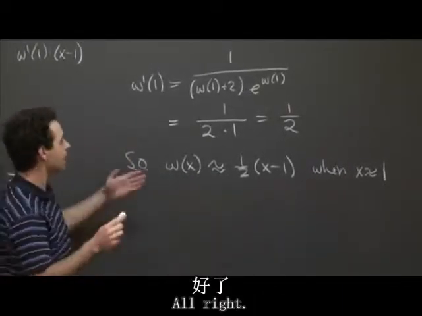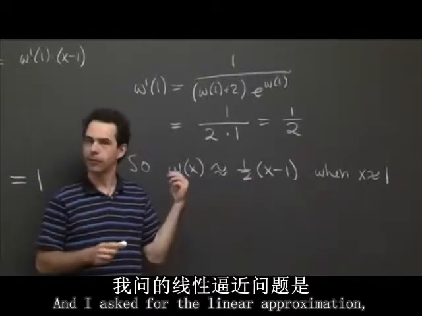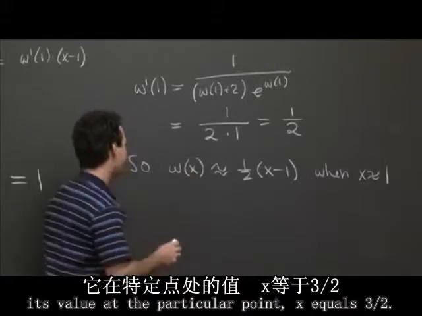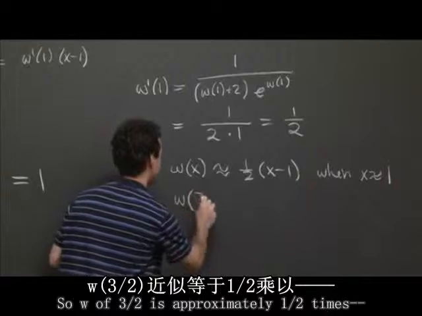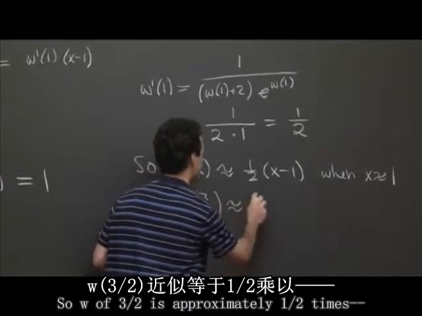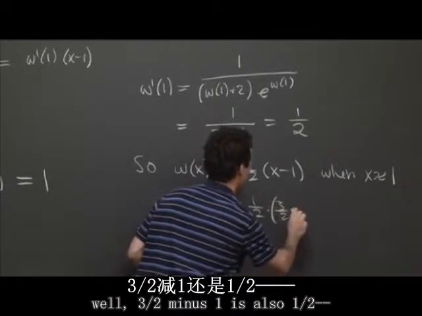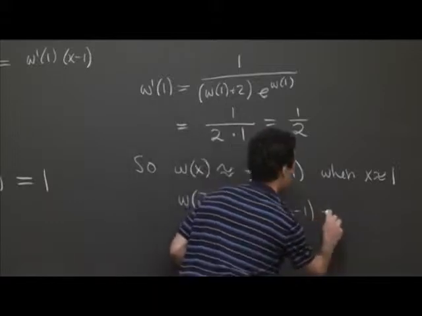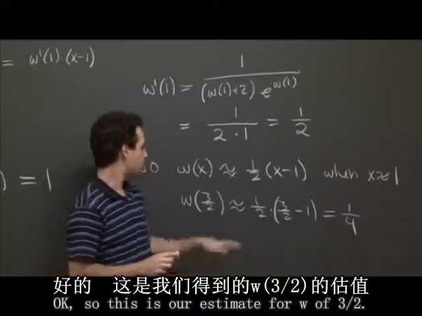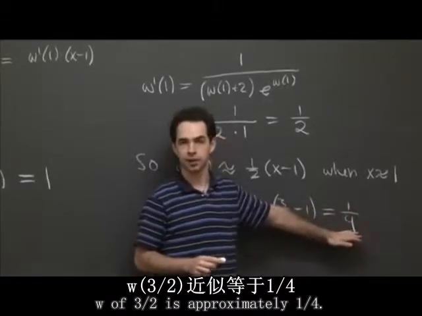All right, so this is the linear approximation. And I asked for its value at the particular point x equals 3/2. So w of 3/2 is approximately 1/2 times, well, 3/2 minus 1 is also a half. So this is a quarter. OK, so this is our estimate for w of 3/2. W of 3/2 is approximately 1/4.